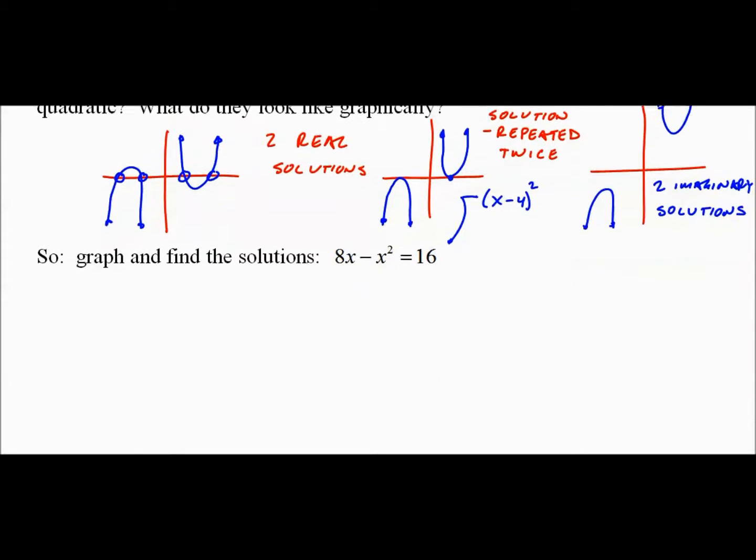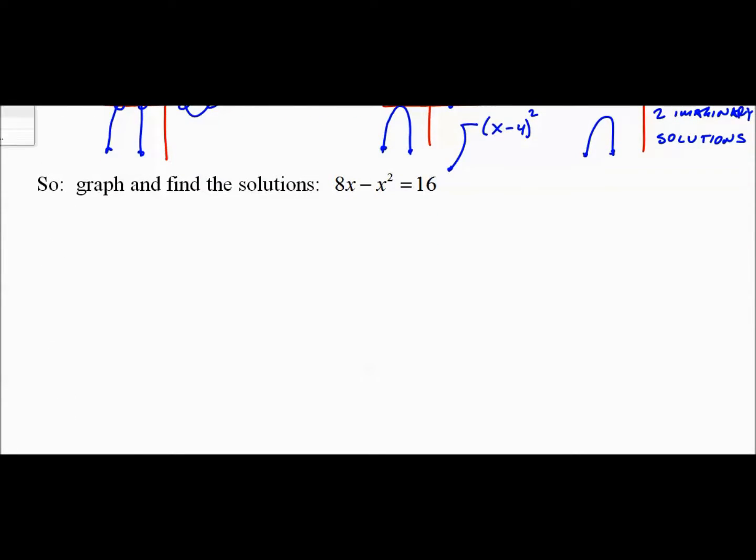So here it says, graph and find the solutions. Well, first I'm going to move everything over to the right. So I get x squared minus 8x plus 16 equals 0. I'm going to graph that.